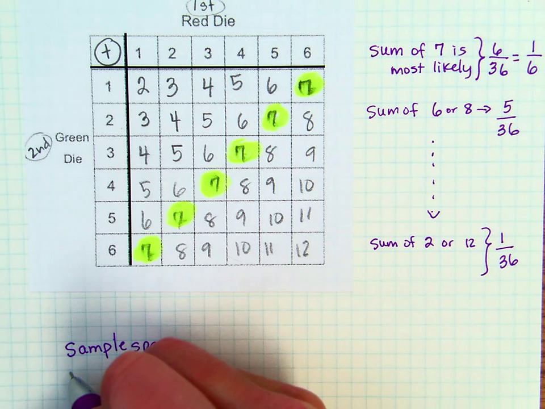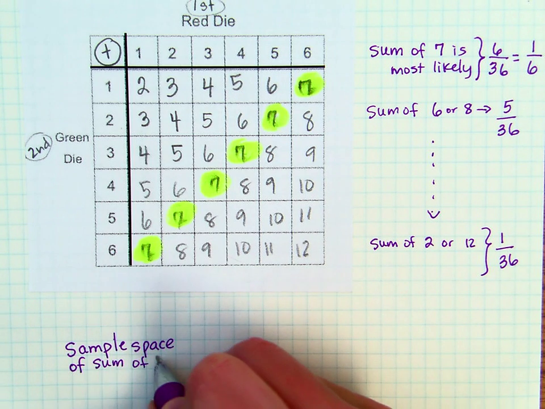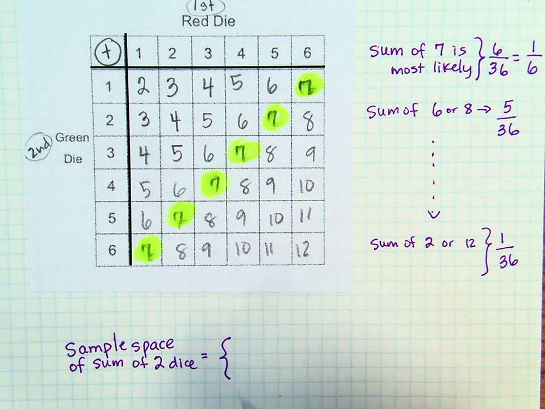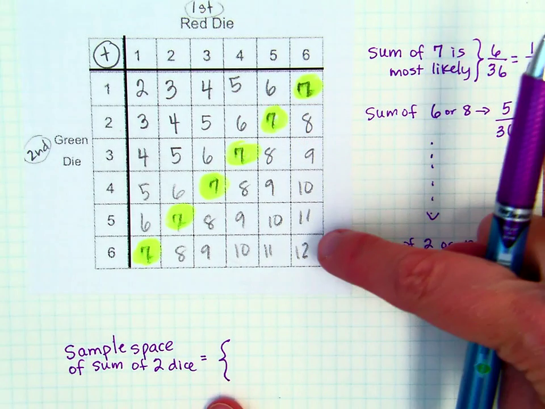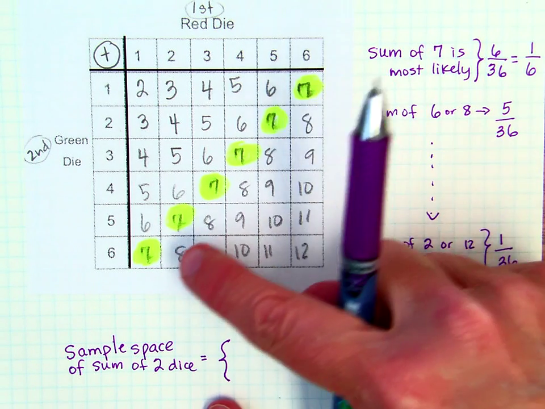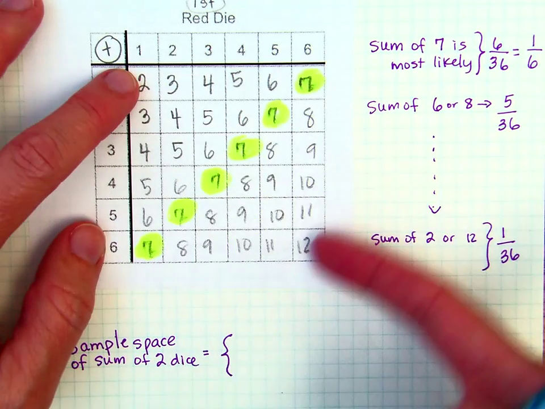So the sample space of the sum of 2 dice, and we use the brackets to show the sample space. We're going to list out all the different possible sums, and we're not going to list them multiple times if there's more than one way to get that sum. So we don't list 7 6 times. We just list what are all the different possibilities.